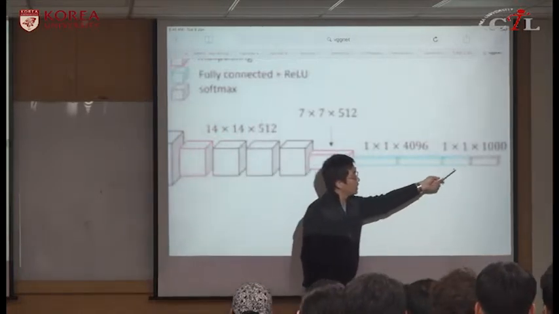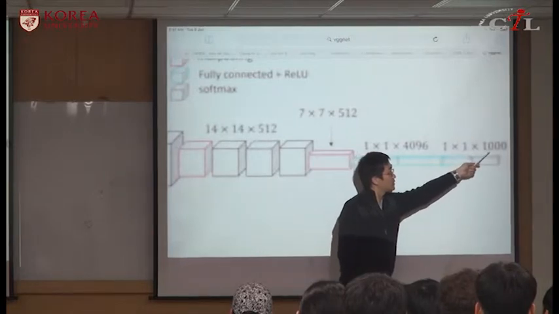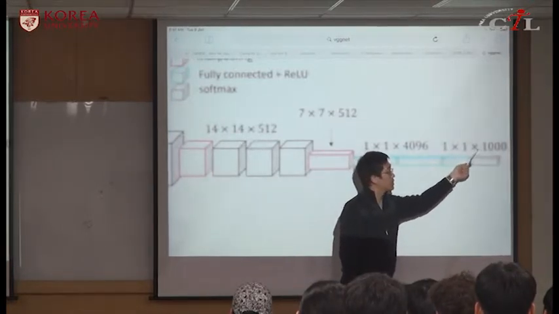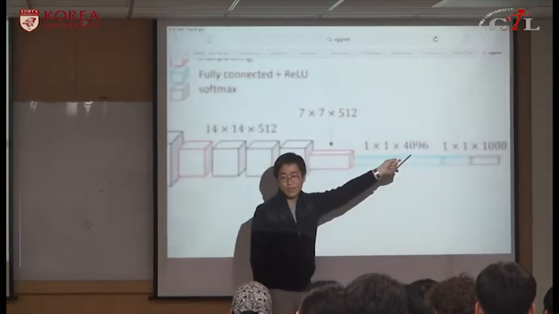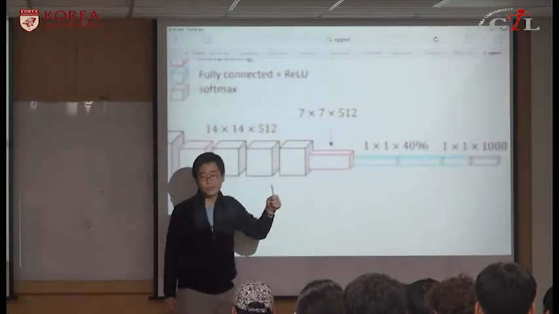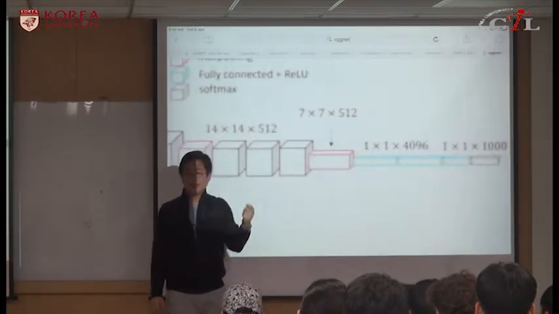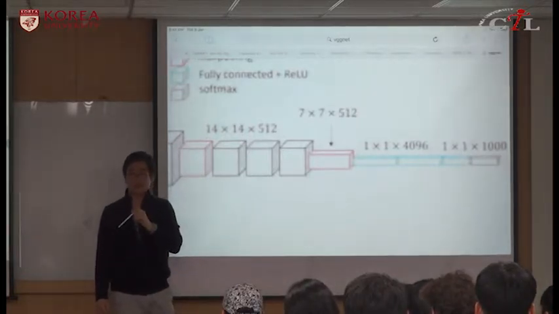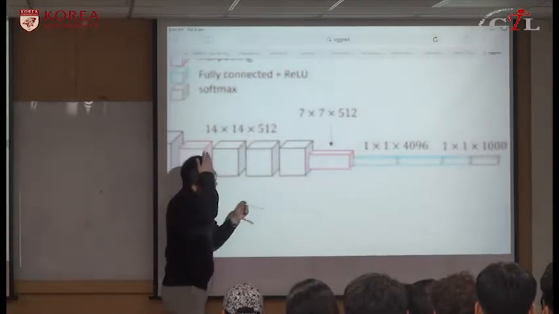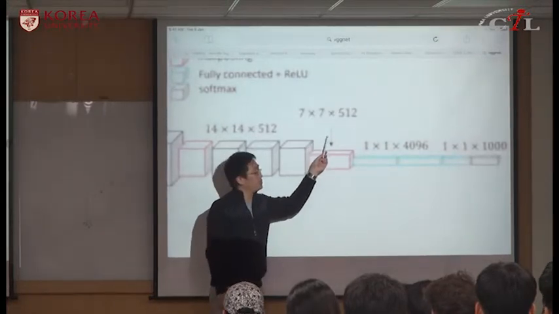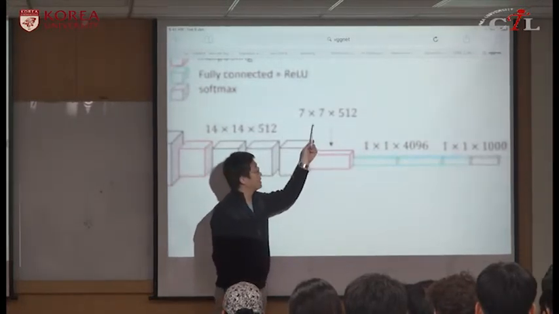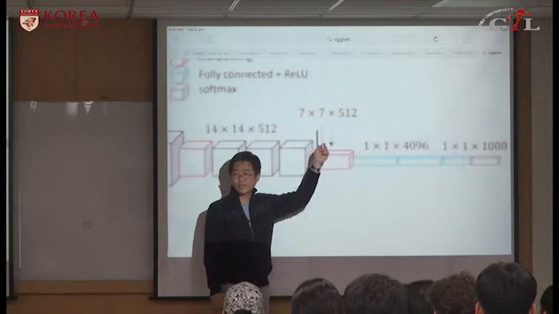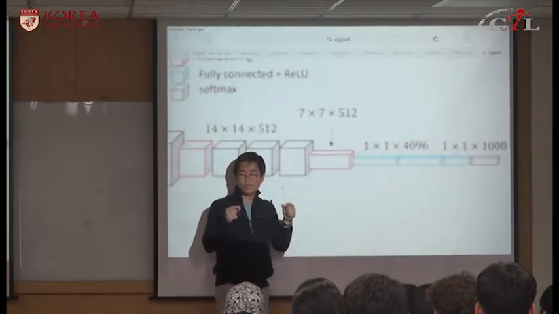The reason why we have 1 by 1,000, let's just ignore this for now, but the reason why we have 1,000 different numbers is because we are performing multi-class classification out of 1,000 different classes.